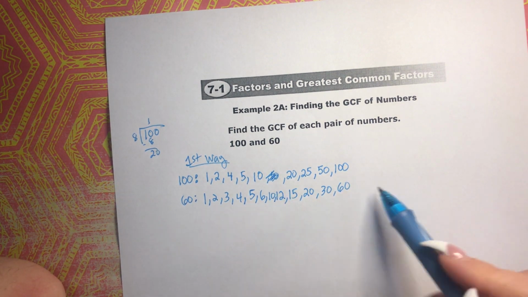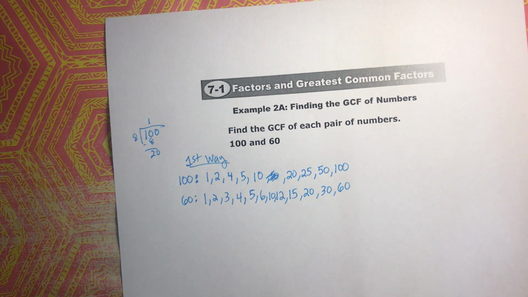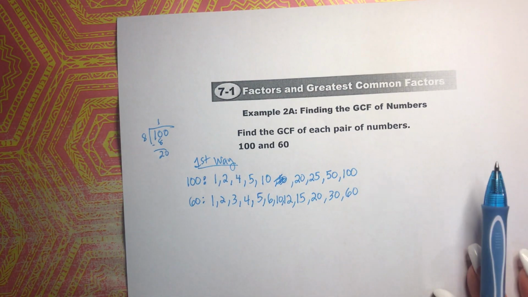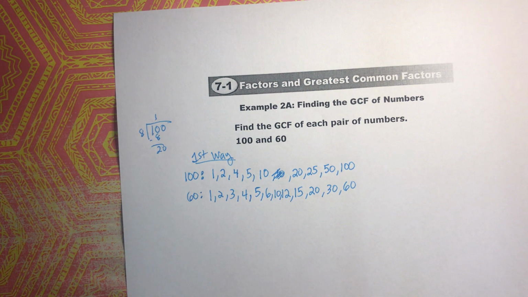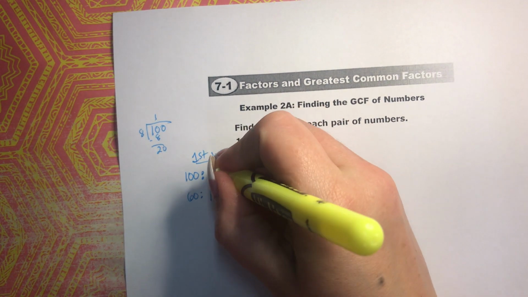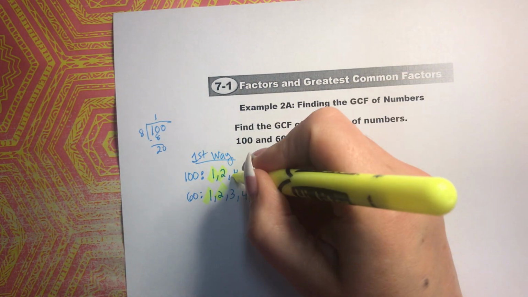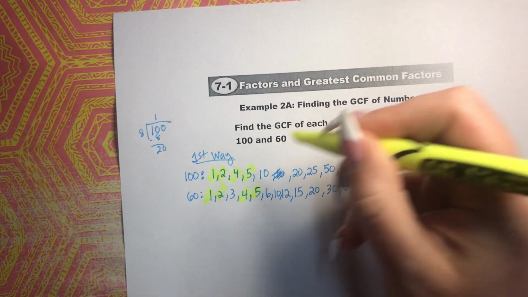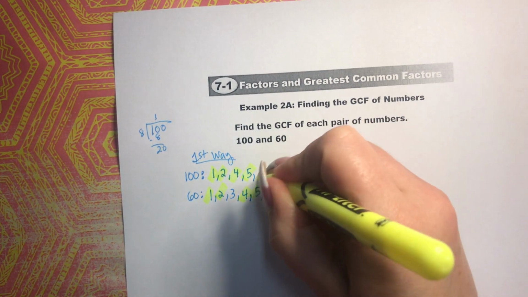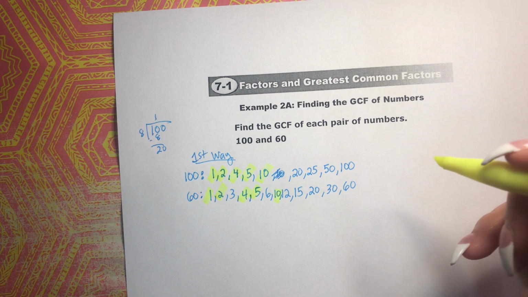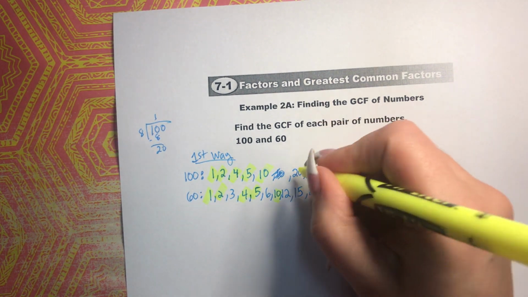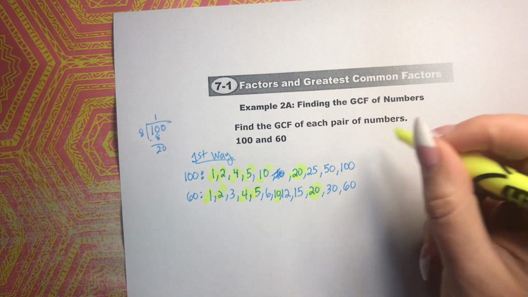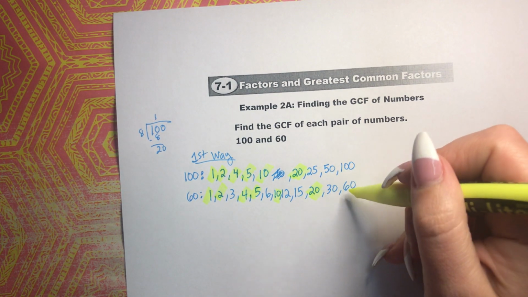So these are all, man, that's a lot of factors. I think 60 has more factors than 100. That's crazy. Okay, but we're trying to find the GCF, right? So we have all the factors listed. Now we're going to find the common factors, which would be 1, 2, 4, 5, 10, 20.